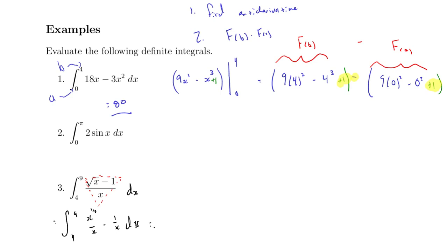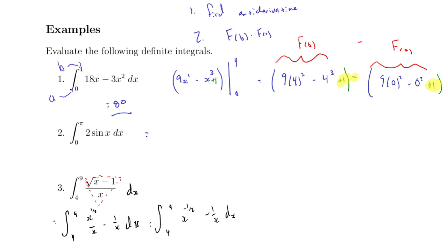And so this is really an integral from 4 to 9 of x to the negative half minus 1 over x dx, just by doing some algebra first. That's going to make it easier to find antiderivatives for this last one. Go ahead, pause your video, see if you can take a look at these, and we'll pick this up in a second to help out.